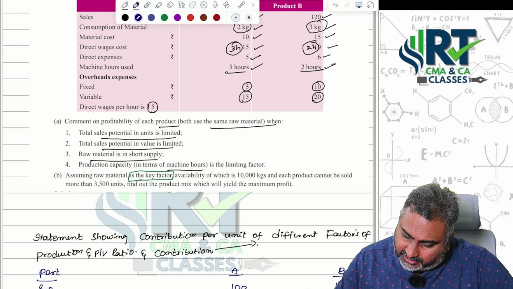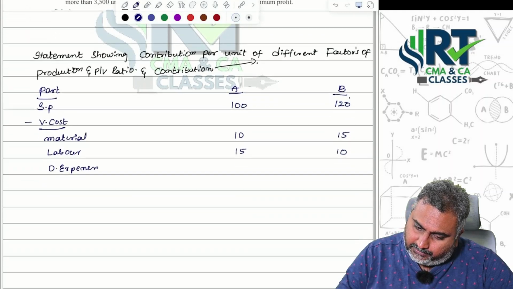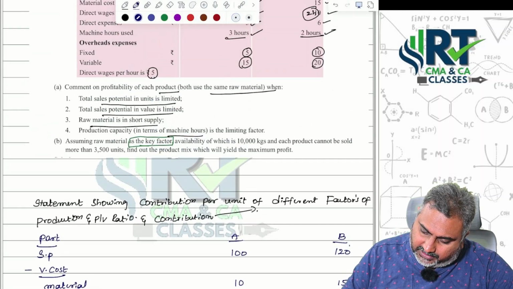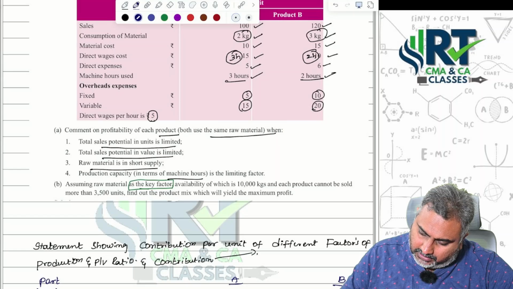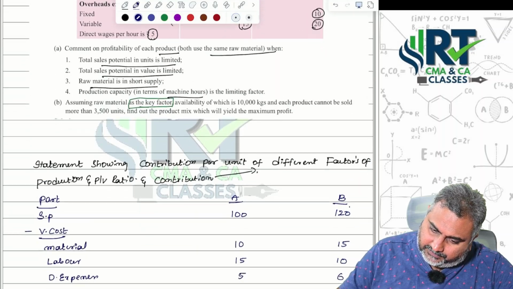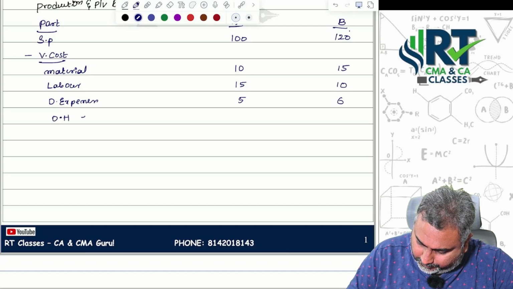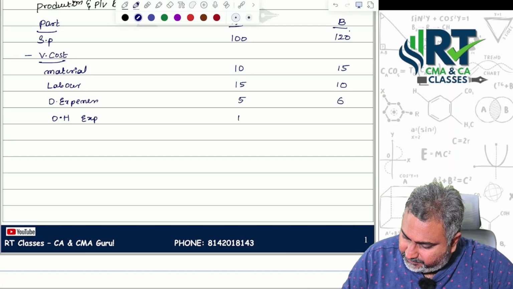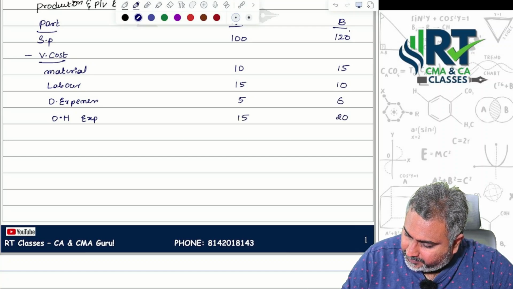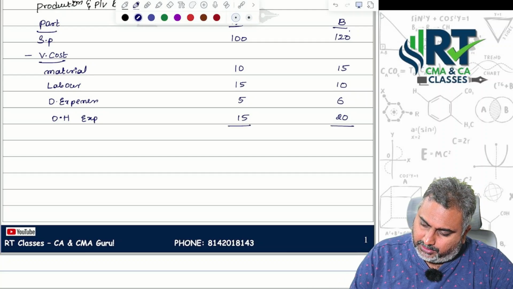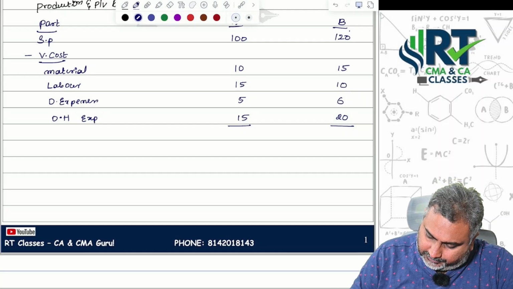How much is given on direct expenses? 5, 6. Other than that, they gave variable overhead expenses 15 and 20. If you eliminate these variable costs from selling price, you are getting contribution.